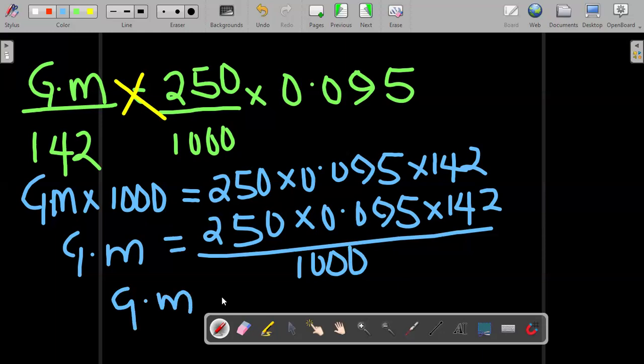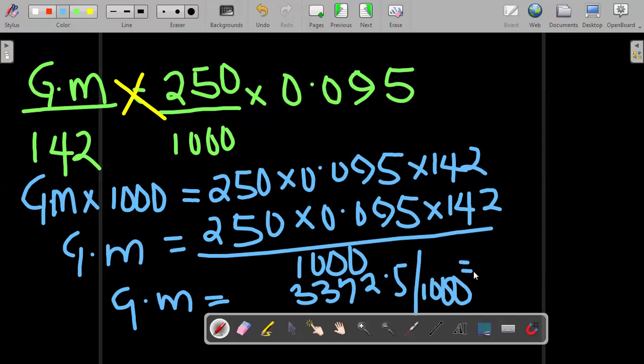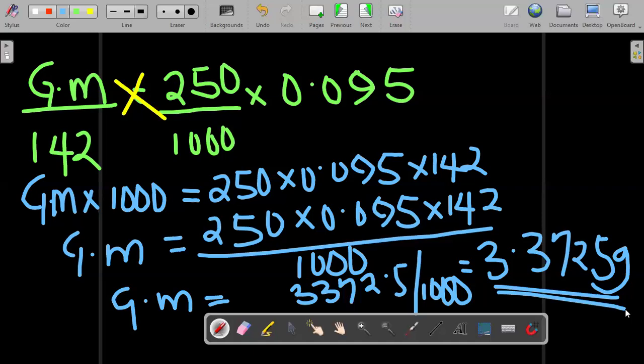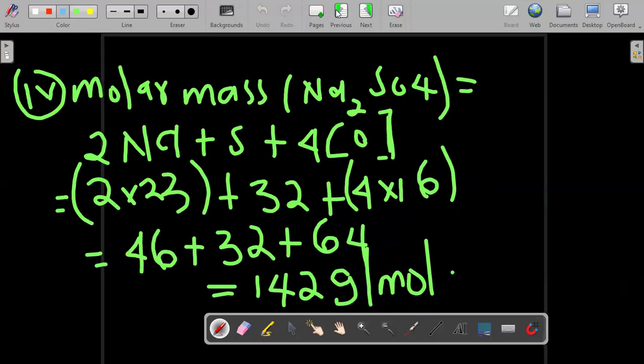That gives 3372.5 divided by 1000, which gives 3.3725 grams. The unit of mass is grams. Is it clear? Yes, sir. So write the solution.